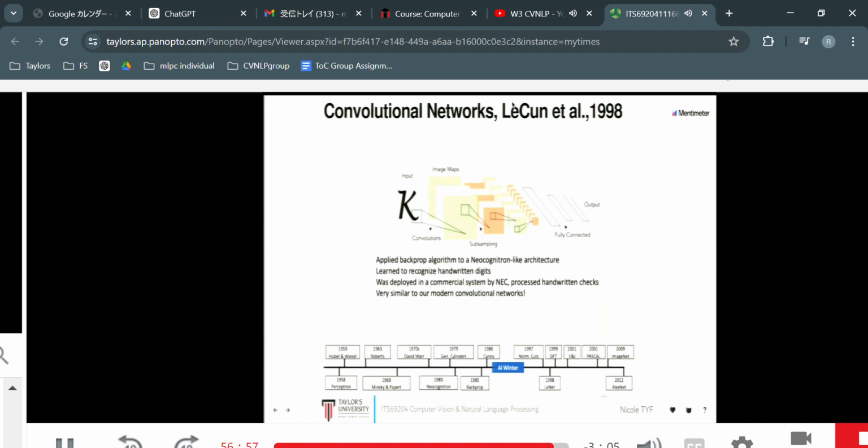Supervised learning, are you sure? Supervised learning was mentioned in MLPC class, not CVNLP.